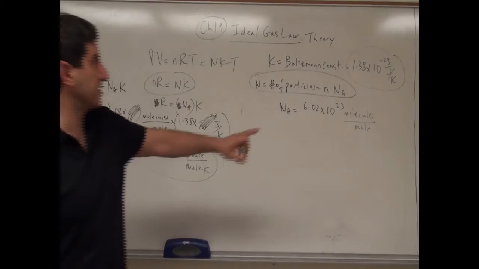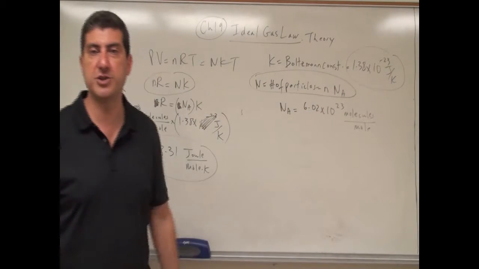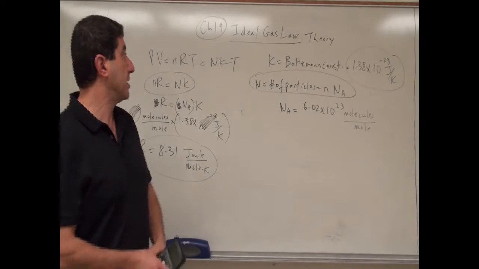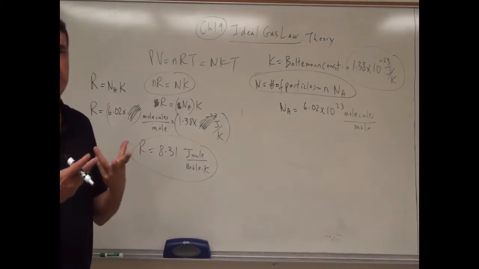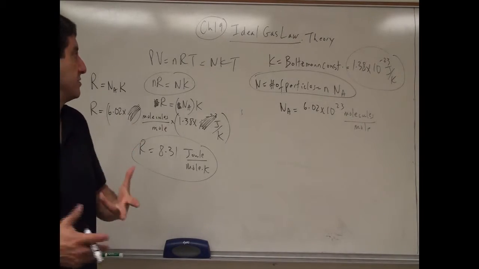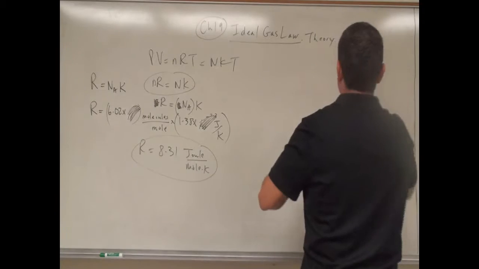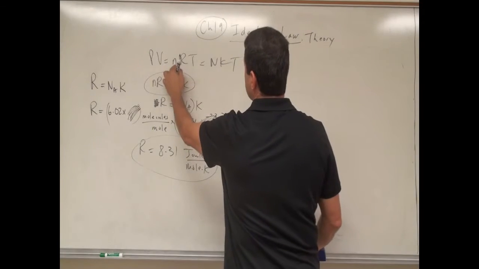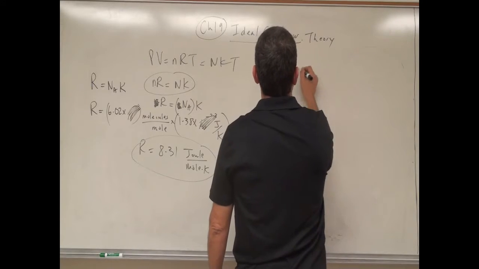So you can really see here that the product of Boltzmann's constant and Avogadro's number is essentially just the gas constant. The other thing we can mention about the ideal gas law is that it gives us a relationship between the pressure, volume, and temperature of a gas. If the number of moles or the number of particles isn't changing, we can say PV is proportional to the temperature.